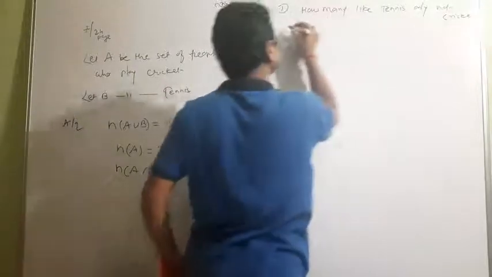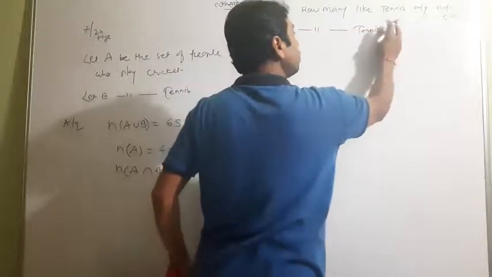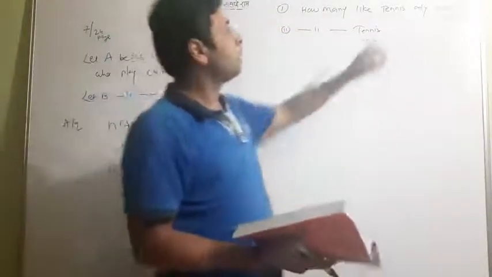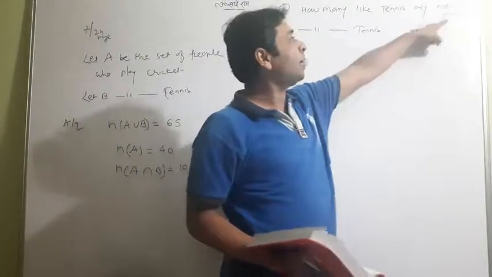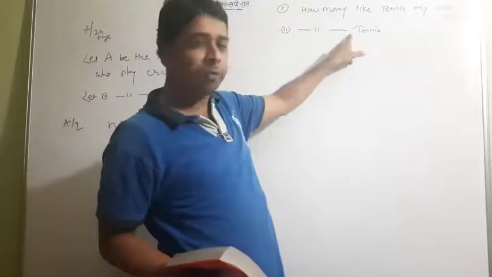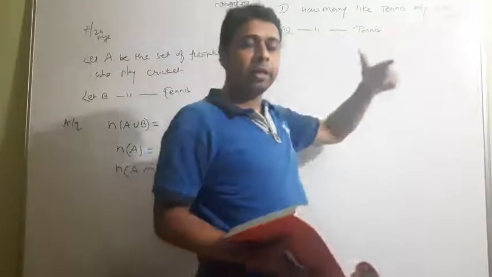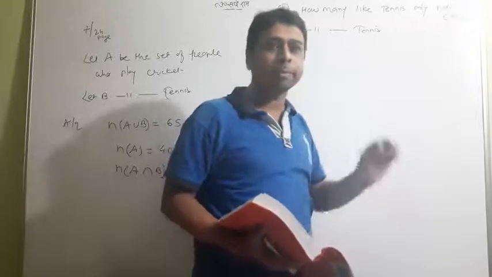And the second question is, how many like tennis? That is what I just explained before the board. Tennis only, not cricket, meaning only tennis. This time the common region will be subtracted. And it is only tennis without the word only, meaning the intersection will also be included in it. So while doing the question you will get this particular concept and condition in the exam.